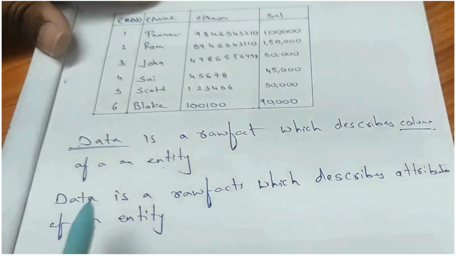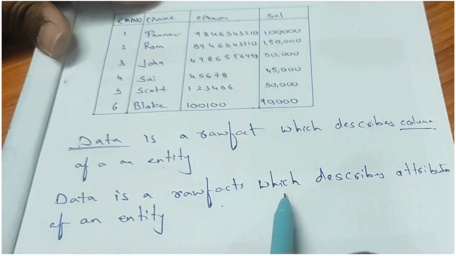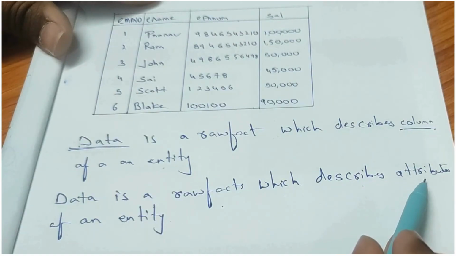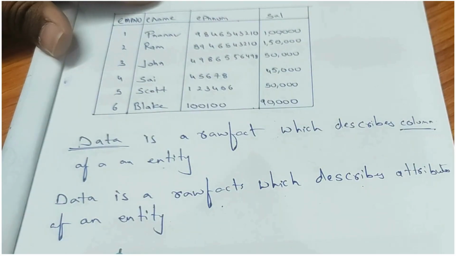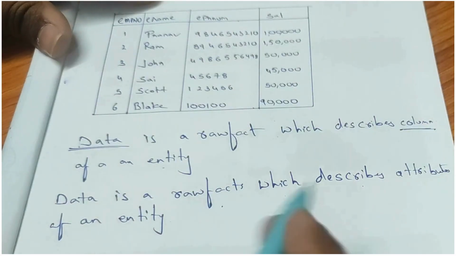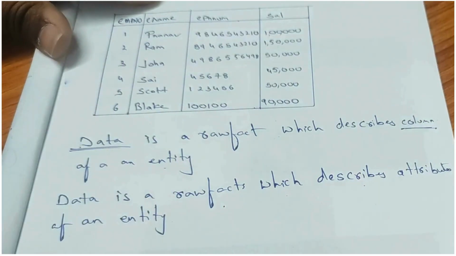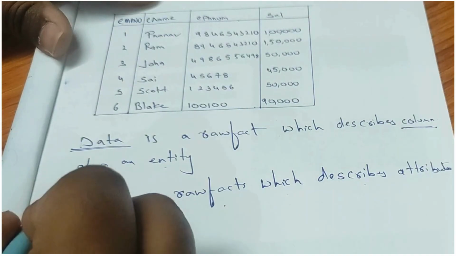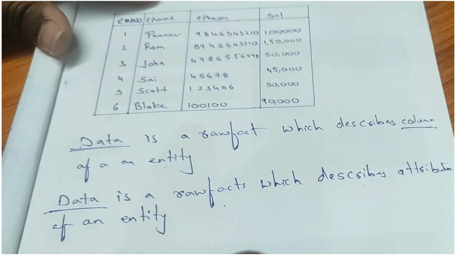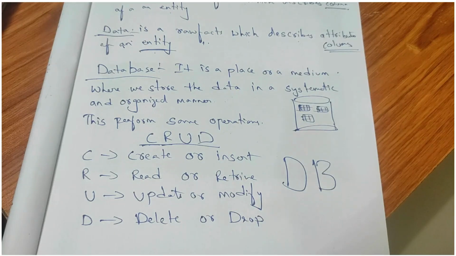Okay, so data is a raw fact that describes an attribute of an entity. Means we get the data through this attribute. This is nothing but data. We have learned what is meant by data. Now we'll be learning what is meant by database.